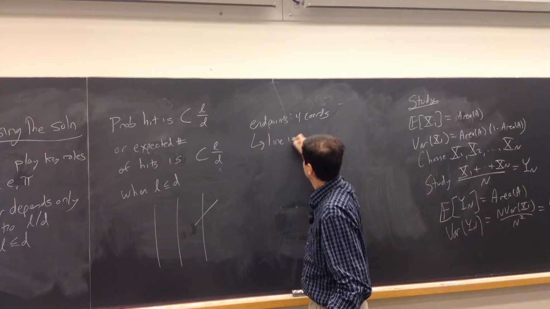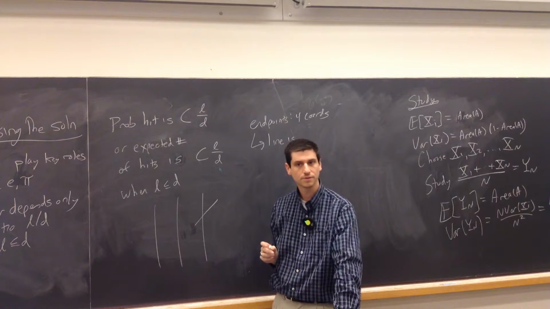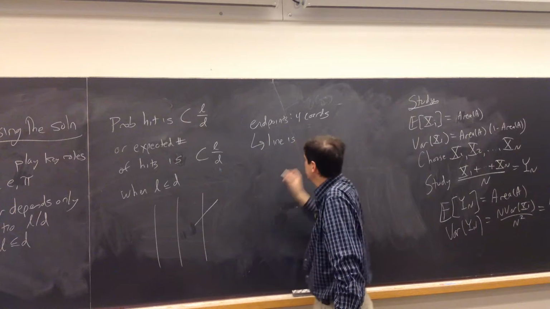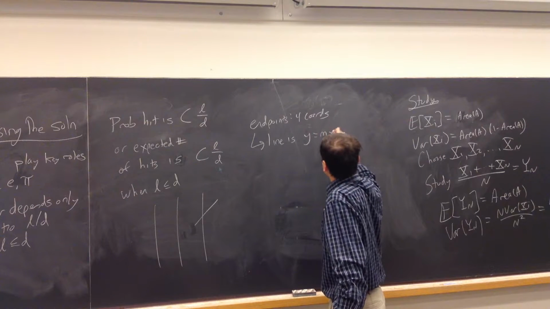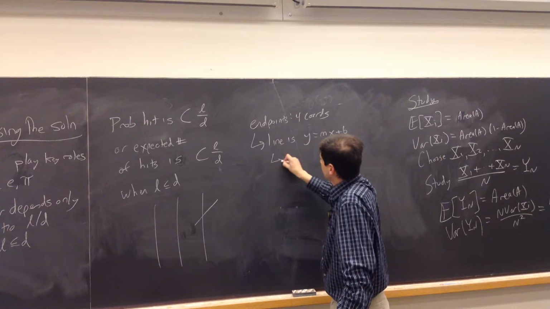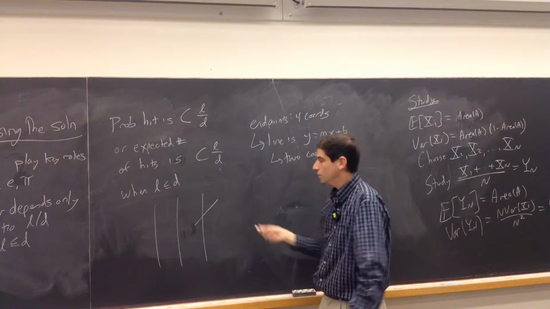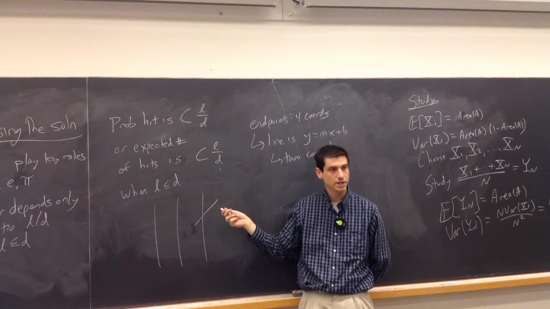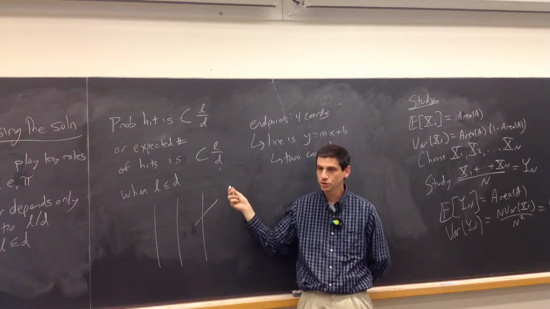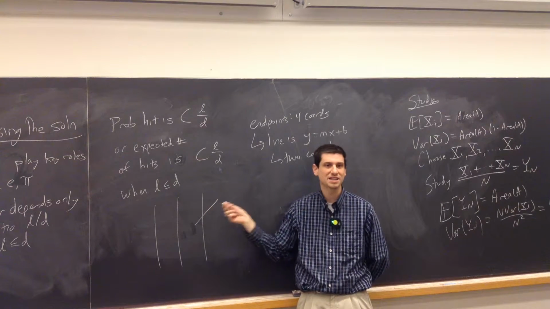A line is of the form what? Slope intercept. Y equals mx plus b. We can do it with 2 coordinates. So one possibility is we can do 2 coordinates for the line. That will give the line, but I need to know where the line is starting.